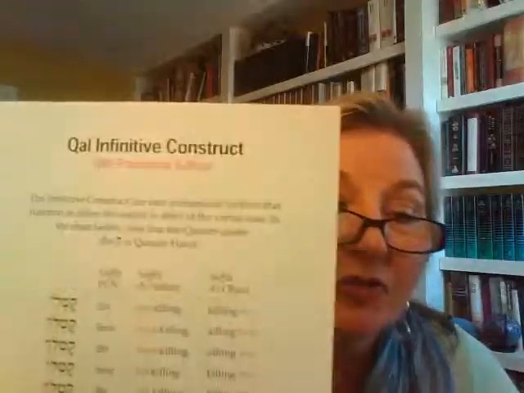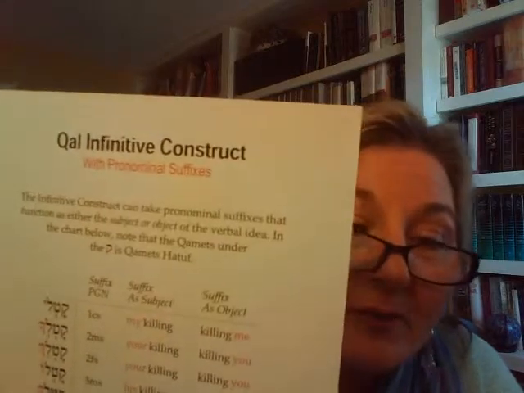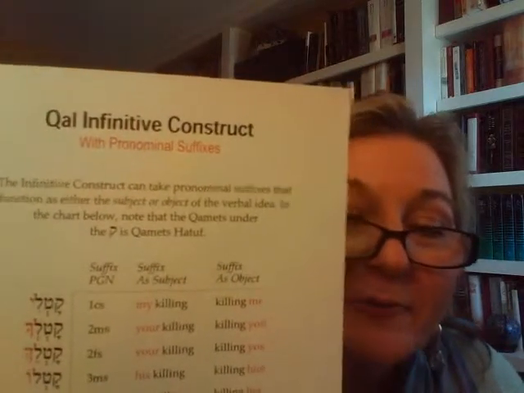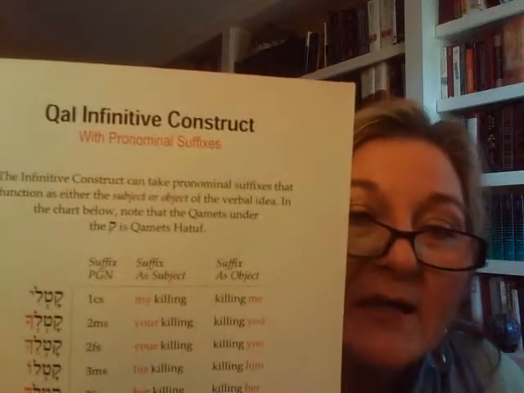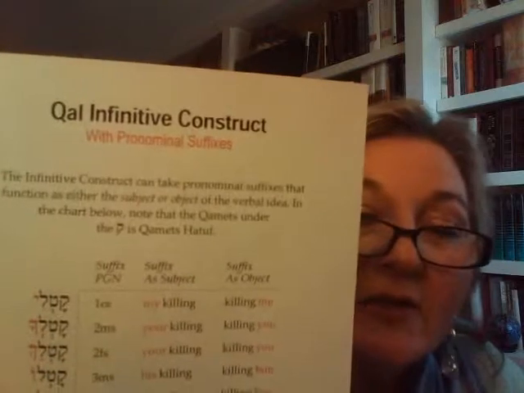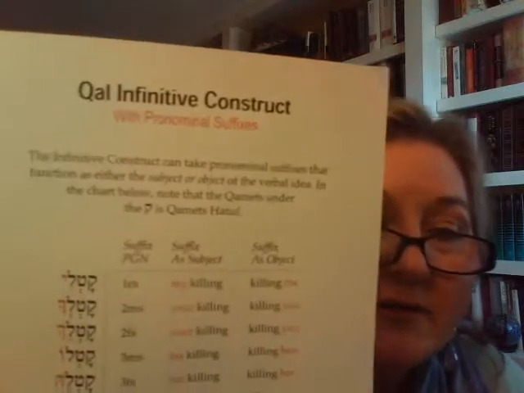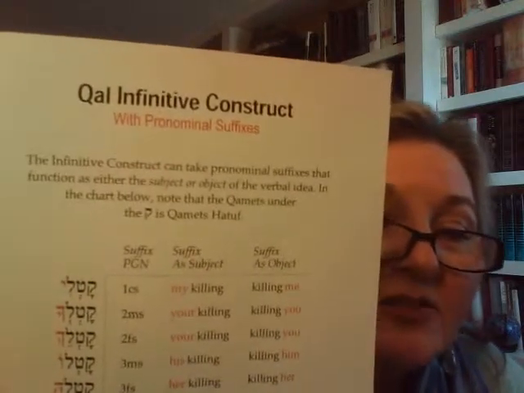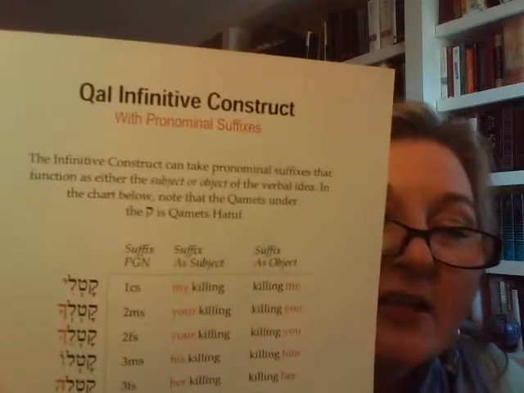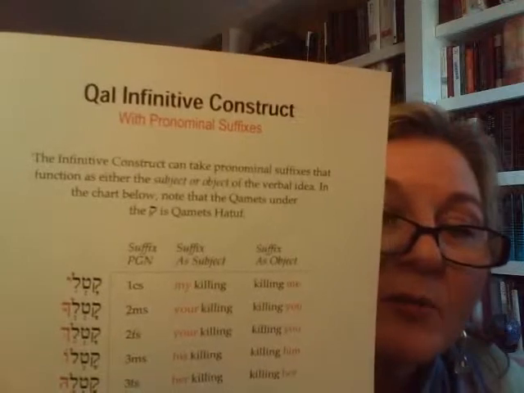So first, let's look at the pronominal suffixes, because you're going to find this all over the place, and I can't emphasize enough you needing to be familiar with this. If you are rusty on your pronominal suffixes, take a little bit of time and go back over the chapter that deals with pronominal suffixes. The infinitive construct can take pronominal suffixes that function as either the subject or object of the verbal idea.